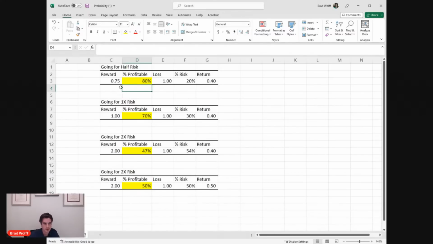So you can see going for half your risk, where your risk is 1 and your reward is half, 0.5, 80% is basically the equivalent of 60% at 1 to 1. So now, not only do you need to be higher, you need to be above 90%.